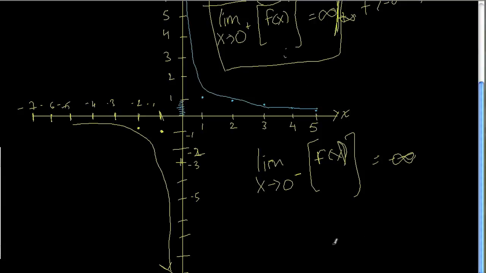From the positive direction we got infinity, and from the negative direction we got minus infinity. And these are just not equal, right? So you saw the limit of f of x as x approaches 0 from the positive, and the limit of f of x as x approaches 0 from the negative are not equal.